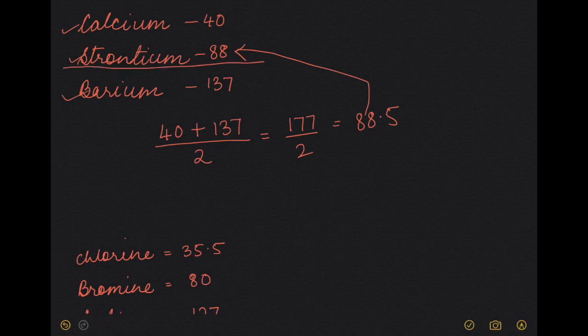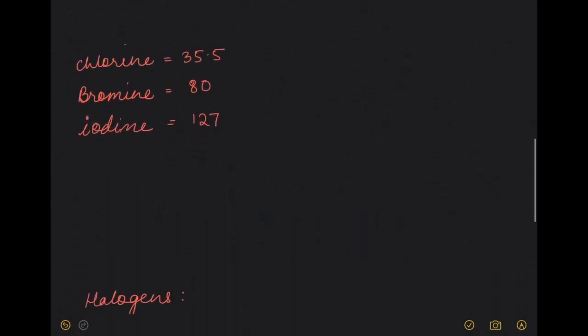Again, if we take another 3 elements, chlorine, bromine and iodine, all 3 are non-metals, all react with water to form acids, and all have valency 1. That means the properties were the same, similar properties.